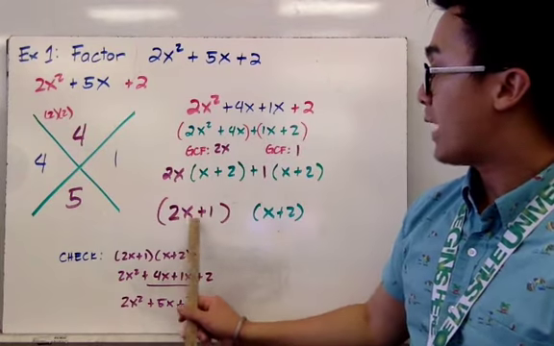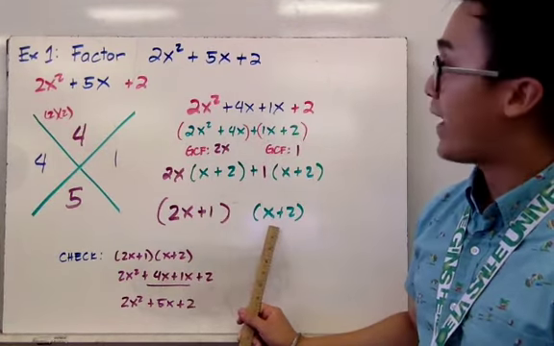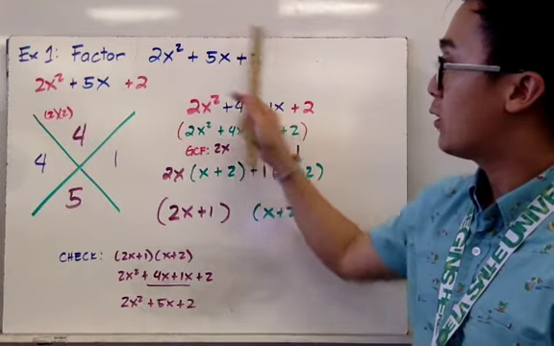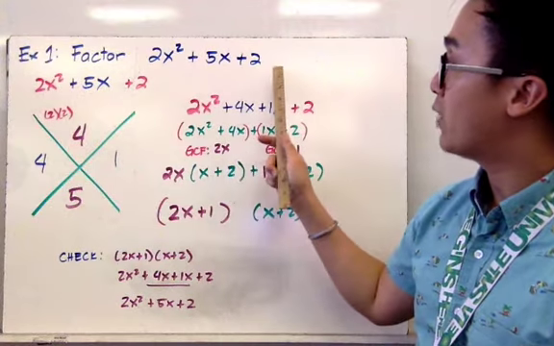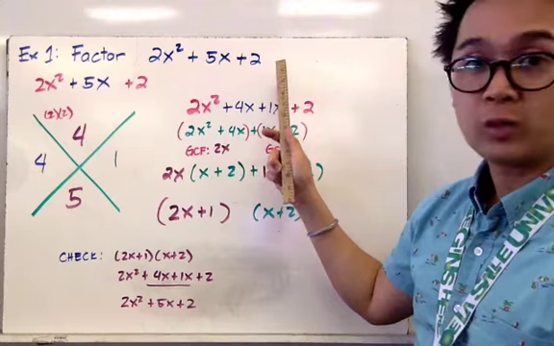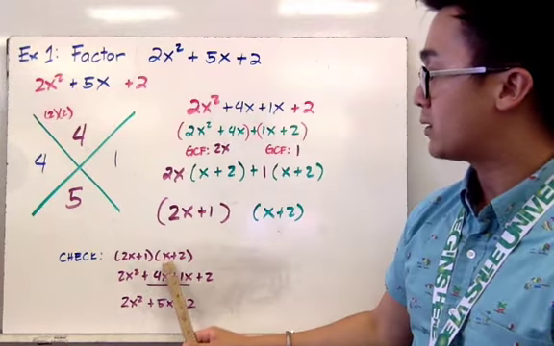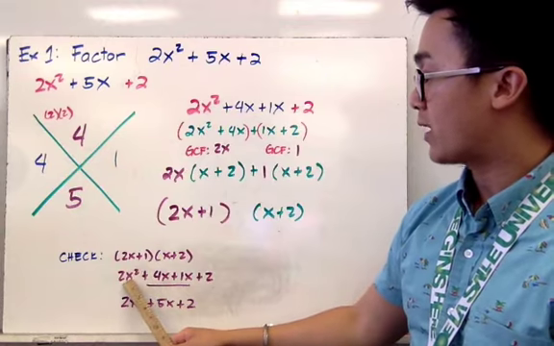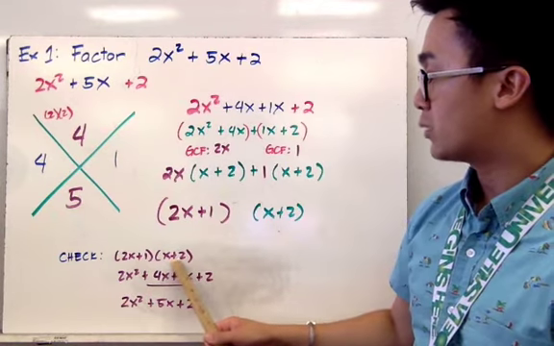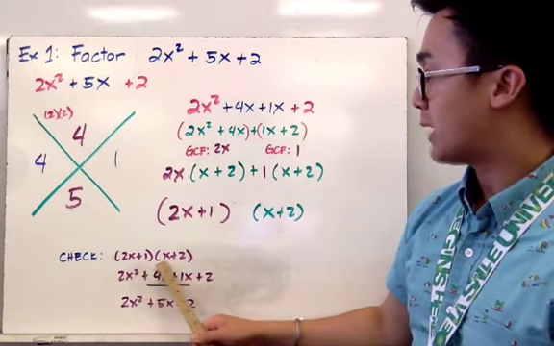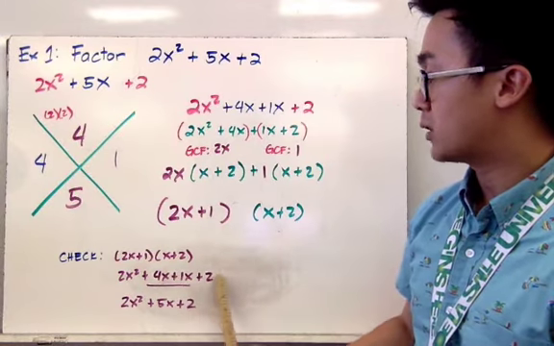So now we have 2x plus 1 and x plus 2 as the factors of this quadratic equation. And we know that we did it right because if we FOIL out 2x plus 1 and x plus 2, 2x times x is 2x squared, 2x times 2 is 4x, 1 times x is 1x, and 1 times 2 is 2.